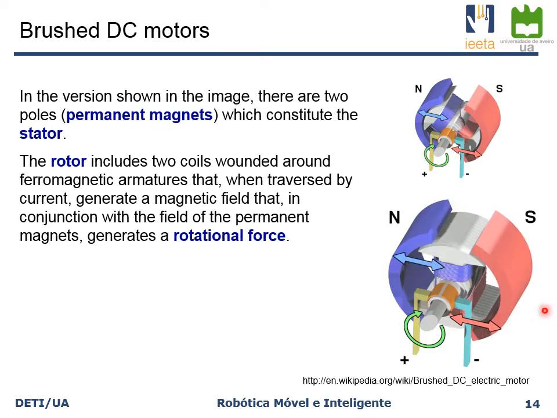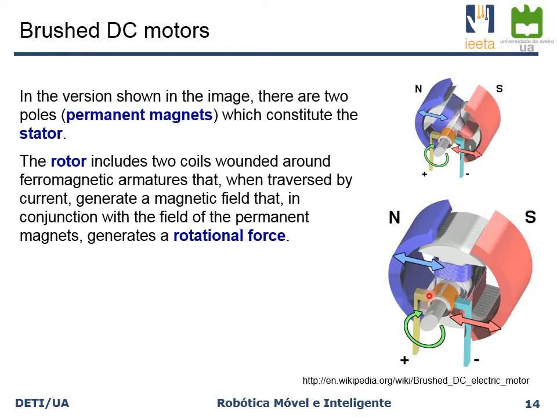So looking a little bit into the details, one of the reasons why this is called brushed DC motors is that the current that flows around these coils is based on the voltage that is applied to these two electrical connectors, which is basically copper. They are independent.